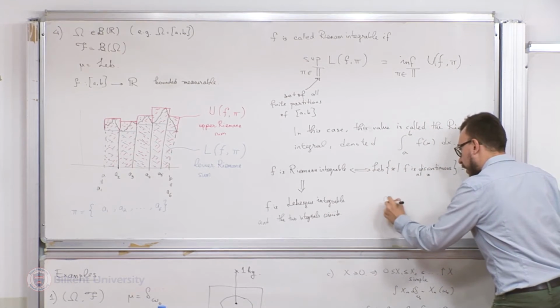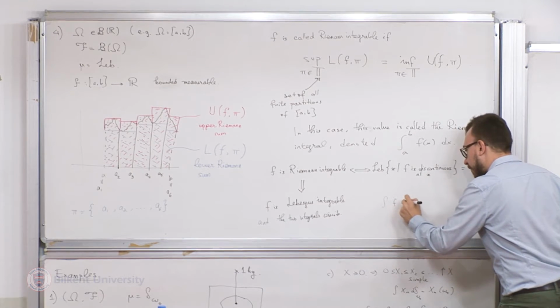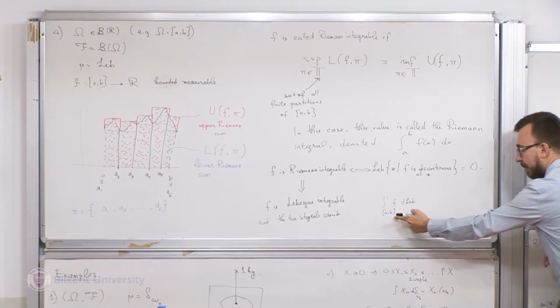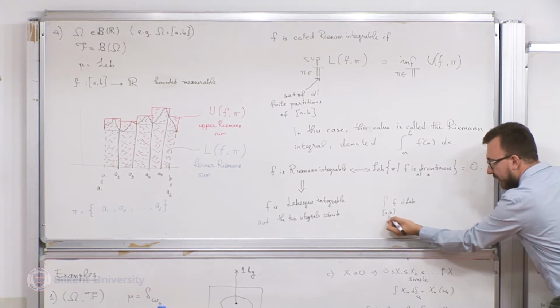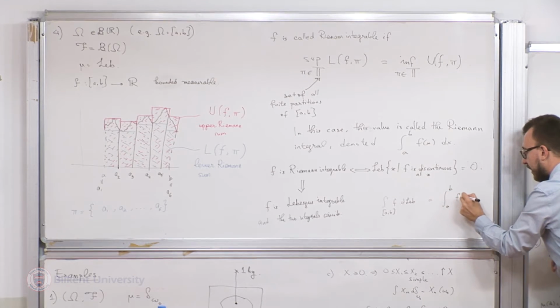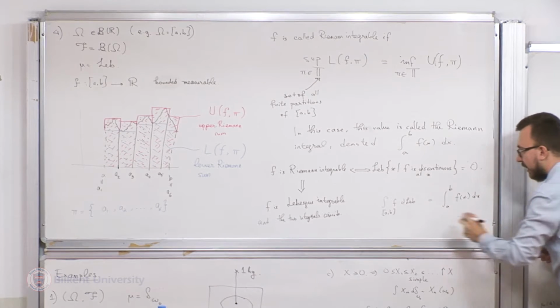So we use f dx, d Lebesgue, for the Lebesgue integral. So I put the full space here. And a to b, the standard calculus notation, is for the Riemann integral.